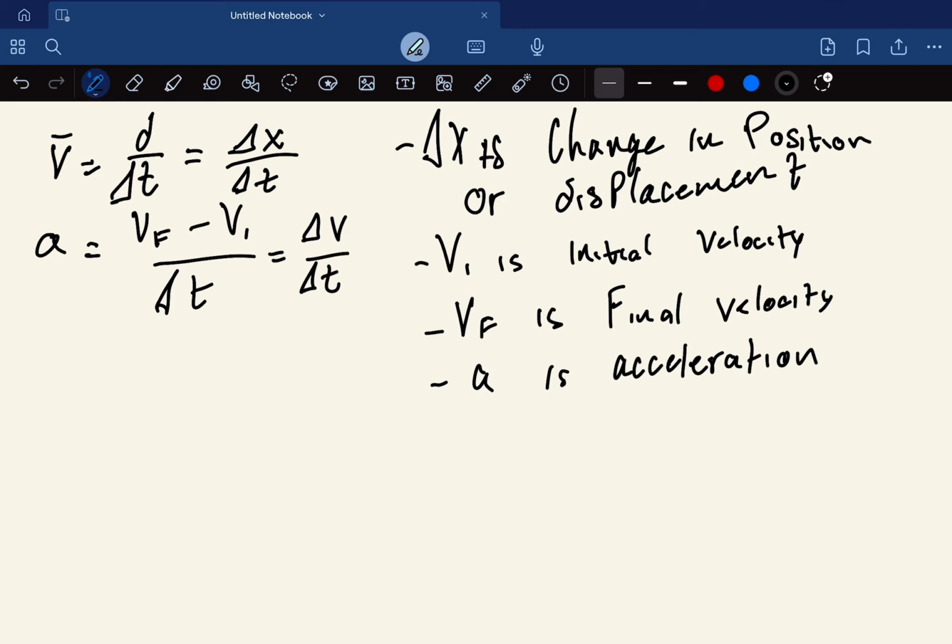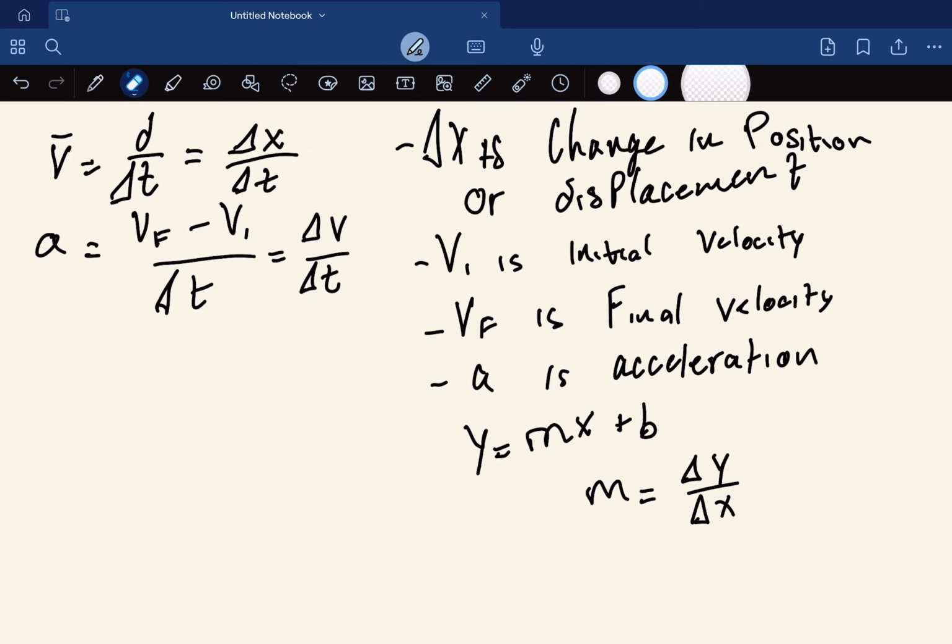If you remember from Algebra 1, a line has the format y equals mx plus b, where m, the slope of the line, was delta y over delta x. So what this means is that acceleration is the slope of a velocity versus time graph.